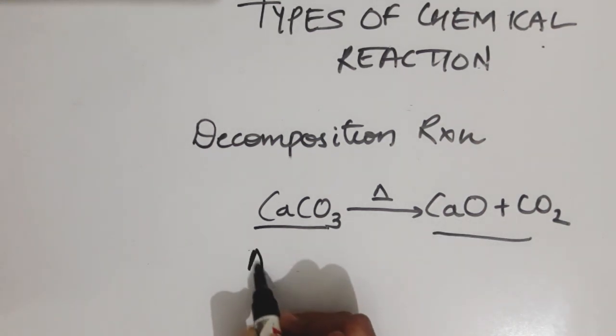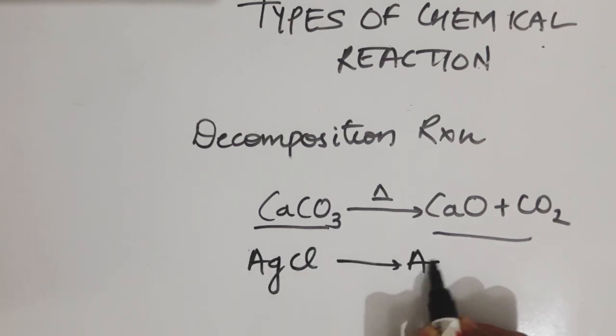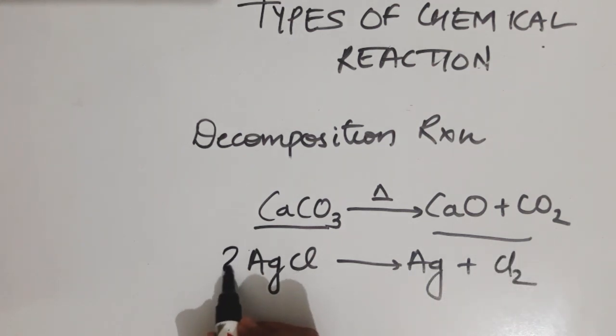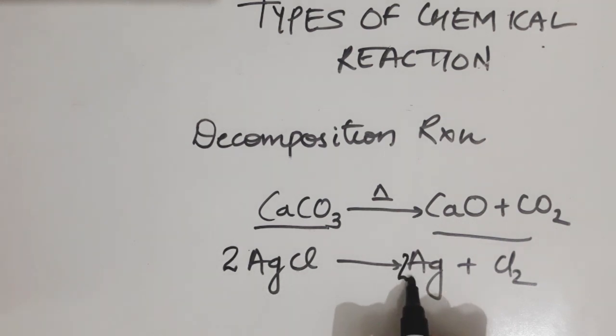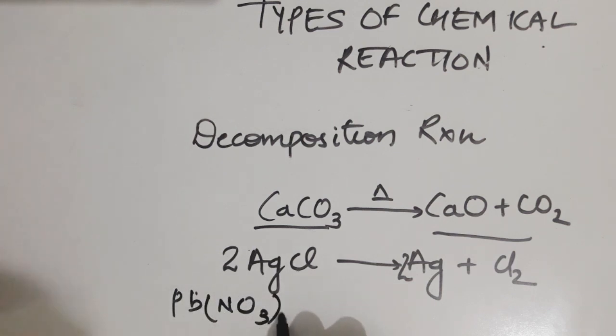Now we have AgCl. This AgCl again breaks down into its constituents Ag and Cl2. To balance this equation, you have 2 Cl here, you'll have to put a 2 here, and then 2 Ag, you'll have to balance 2 here. This is again an example of decomposition reaction. Now you have another example of lead nitrate, Pb(NO3)2.